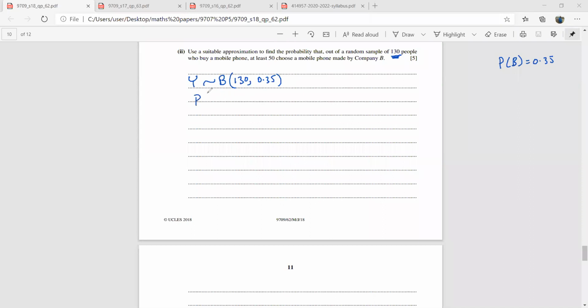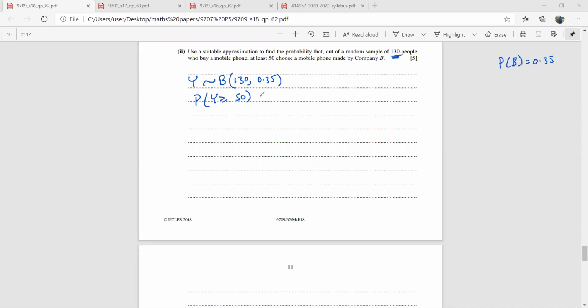We have to find the probability that it says at least 50, so Y is greater than or equal to 50. I'm telling you repeatedly that you have to be very careful with the equal mark whenever you are dealing with the binomial distribution.